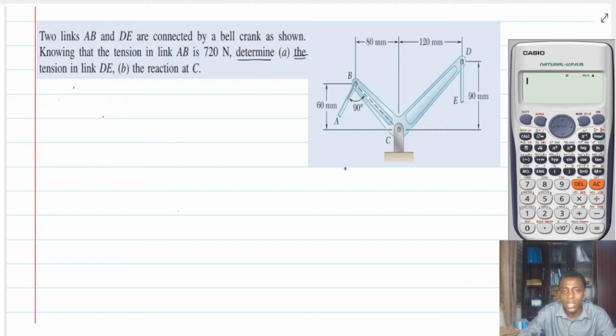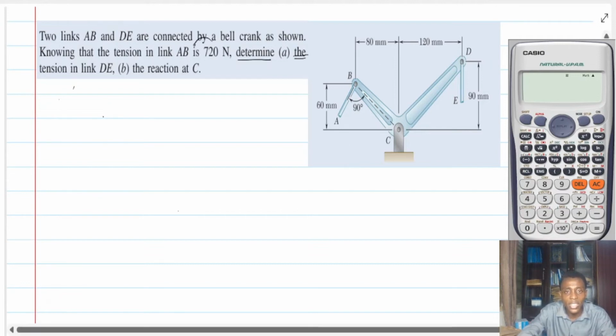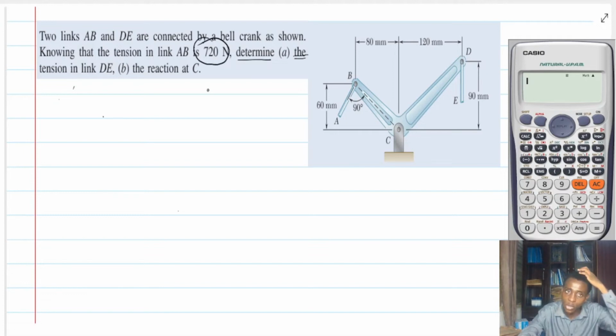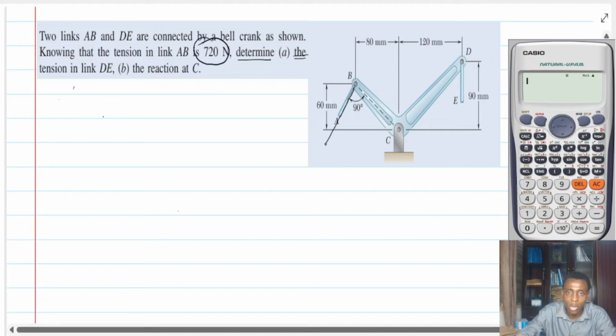Let's look at this problem together. We know that the tension over here is 720 newtons, right? But watch this. Always the tension force will try to move away from the body.